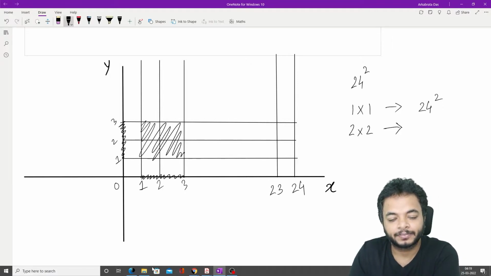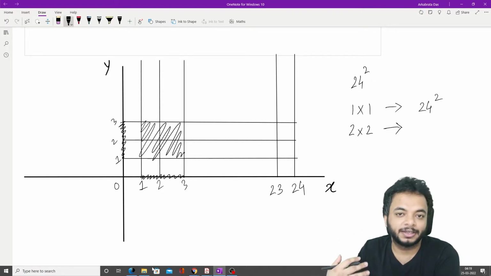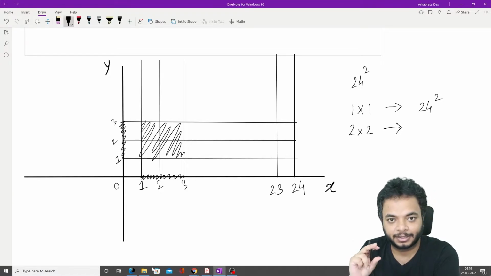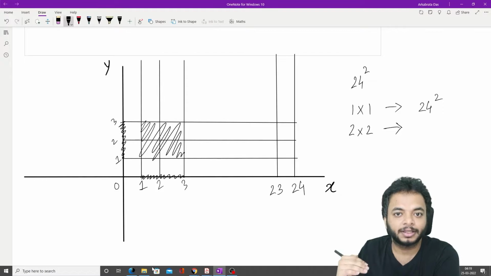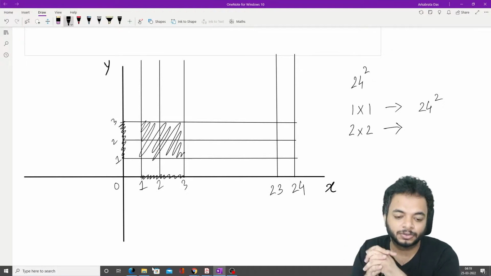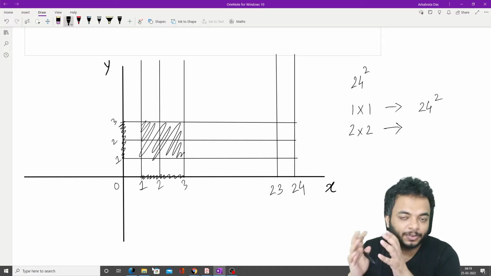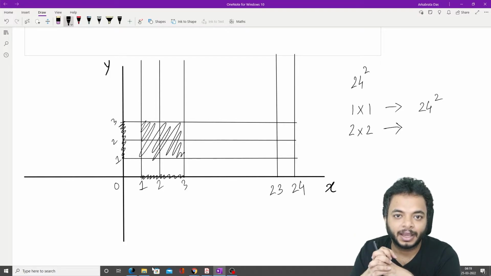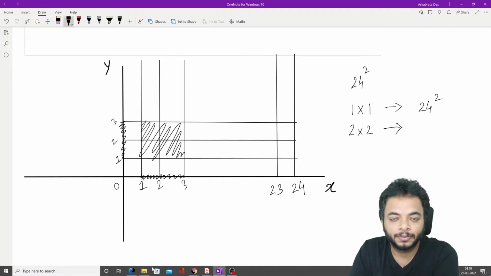Okay, so if you have a square, it corresponds to these two sides, and if you take any two sides of length 2 on the x-axis as well as on the y-axis, that will also form a square of dimension 2 cross 2. So that is basically a bijection between the number of squares of 2 cross 2 and the number of ways you can select sides of length 2 on either side.